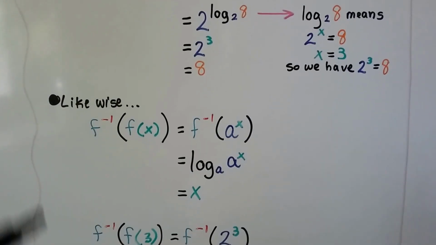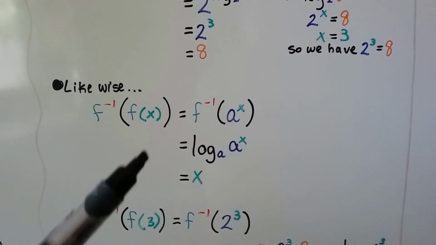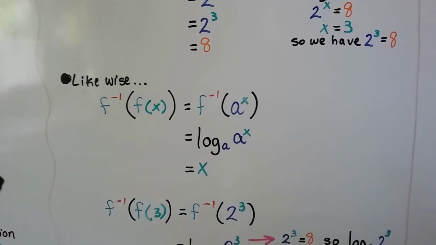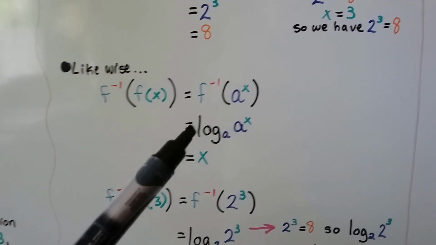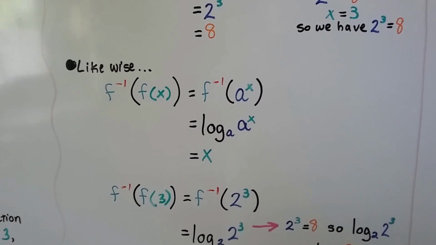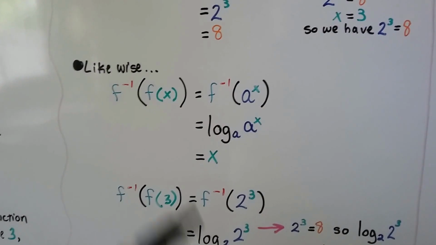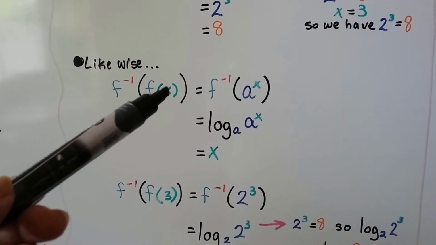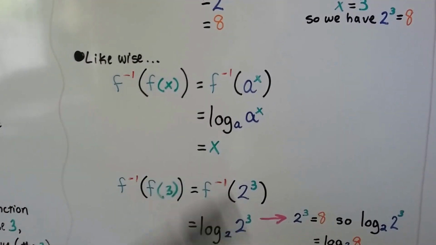And likewise, the inverse function of f of x equals the inverse function of a of x. That's going to equal log base a of x. That's going to give us an x. So if it says there's an inverse function of a function, then that x is what it's going to be equal to.